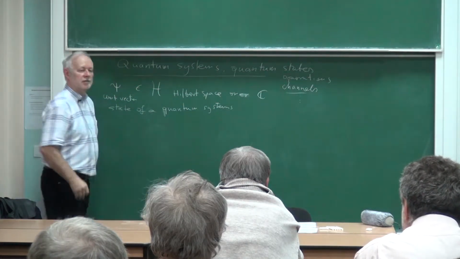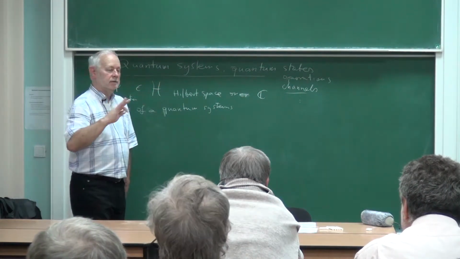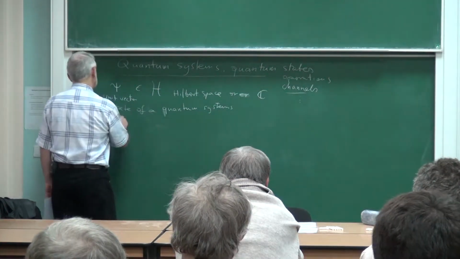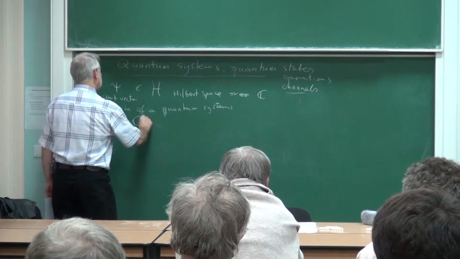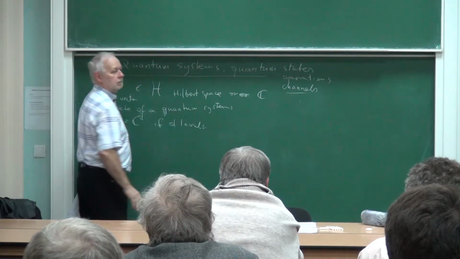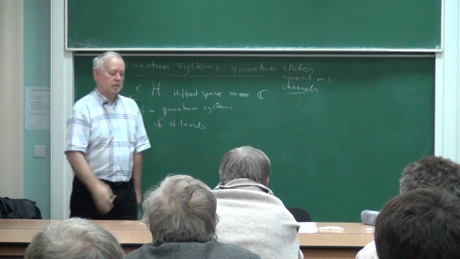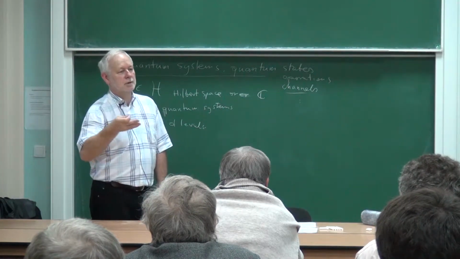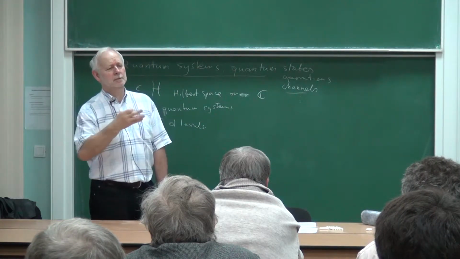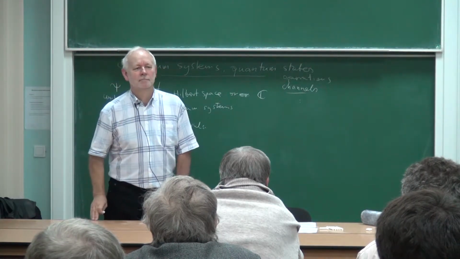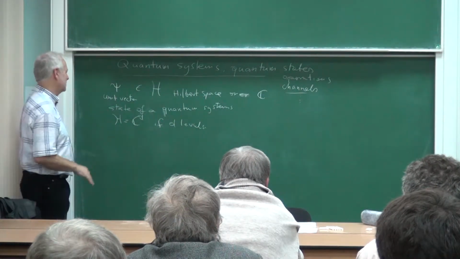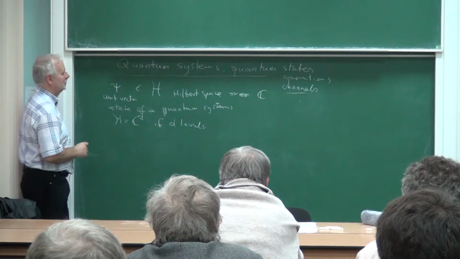Typically, if you have a particle which has d levels, for example, then that would be H equals C^d, for d energy levels. The most famous are 2 levels, and they are called qubits. Did everybody hear about qubits? No? Okay, anyway, those are just buzzwords. Doesn't really matter.